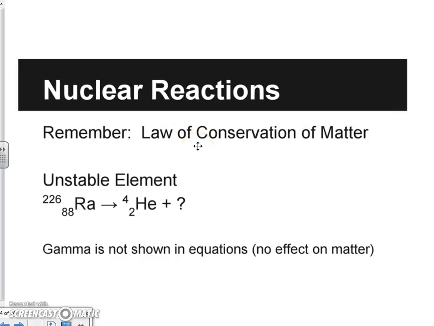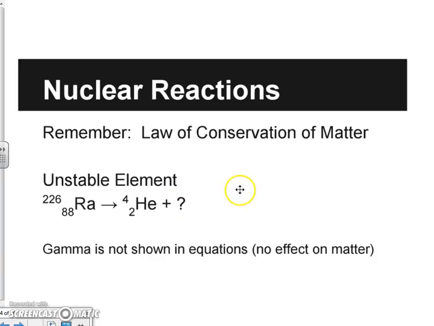All right, nuclear reactions. Remember, law of conservation of matter, law of conservation of mass, it has to equal the same. So we have radon-226 here undergoing alpha emission, so releasing an alpha particle. And then what are we going to get? Well, we're probably going to get some gamma rays in here just because we've got to lower the energy.